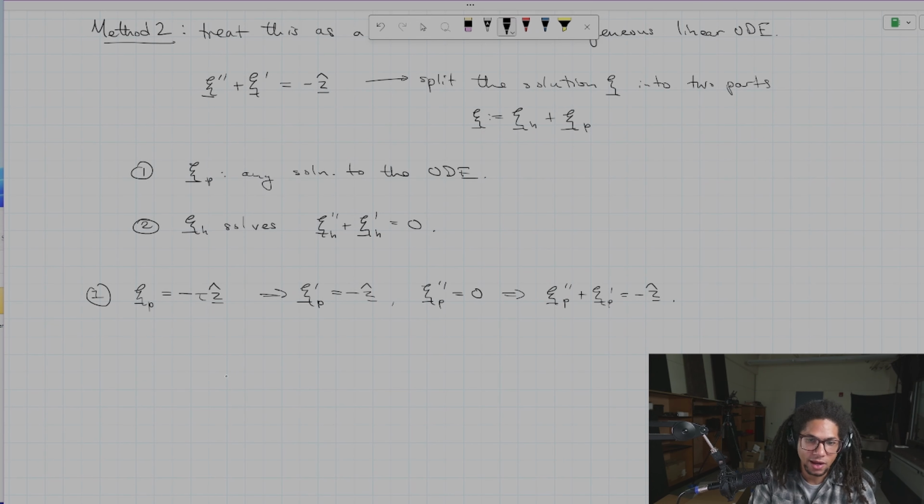Now I need to find my homogeneous solution. So I want to solve C_H double prime plus C_H prime is equal to 0. The way that I typically do this is using the so-called characteristic polynomial.